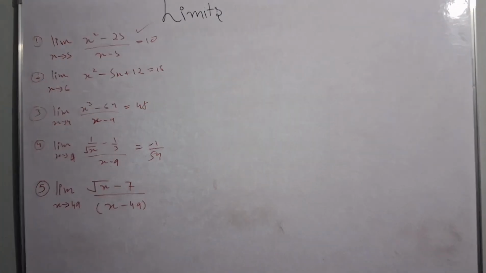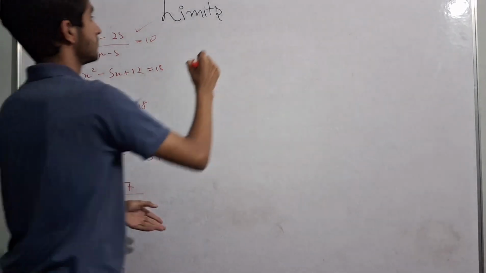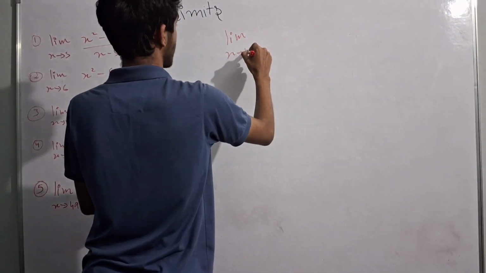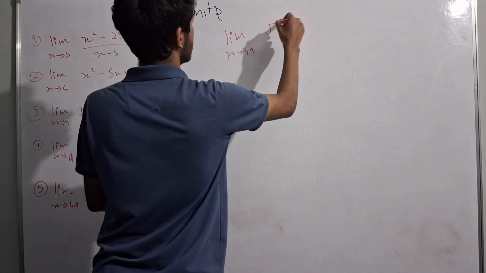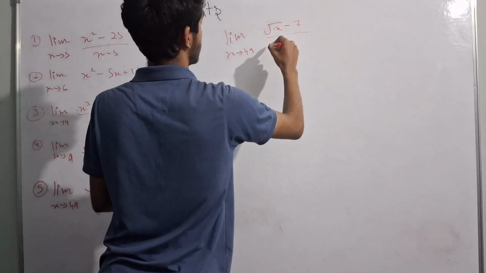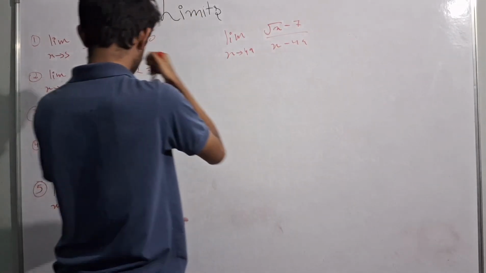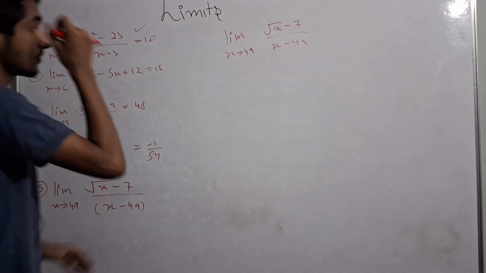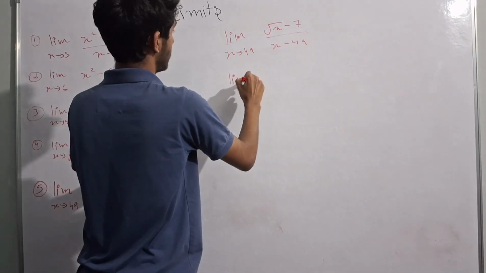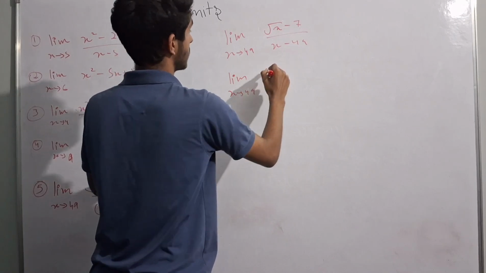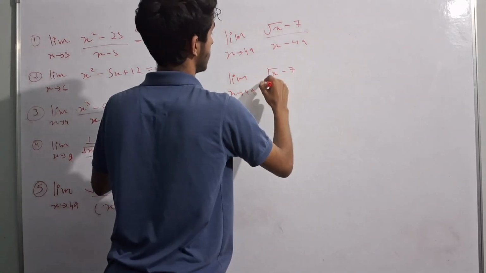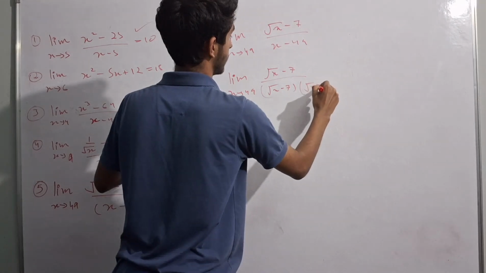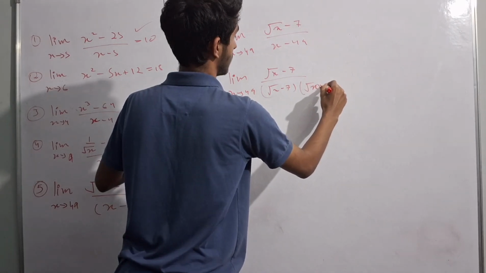The fifth question is, limit x tends to 49 of (root x minus 7) upon (x minus 49). So this is again the same as the first question. So limit x tends to 49 of (root x minus 7) upon (root x minus 7) into (root x plus 7).